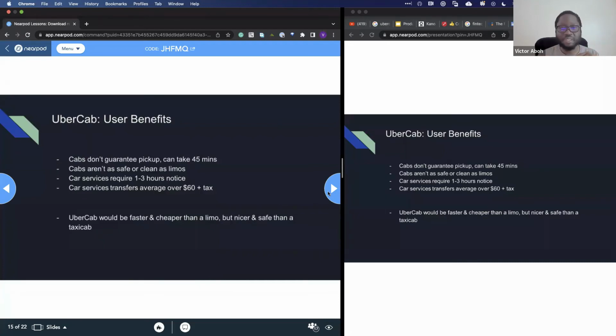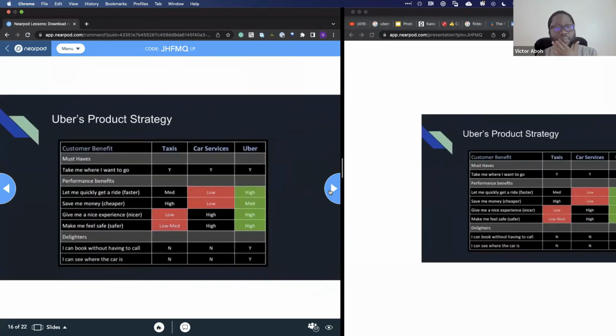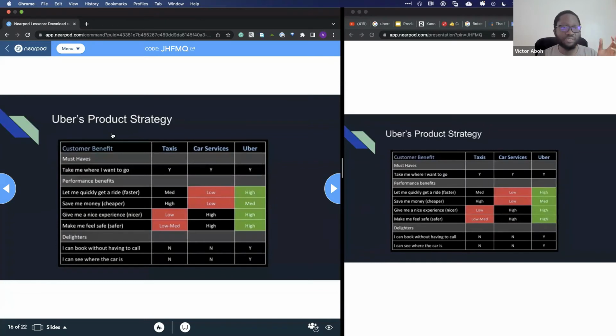So if we take a look at the product strategy grid, their competition were taxis, car services, limo car services. The must-have is that it will get you to your destination. If you don't get me to my destination, then you haven't done your job as a taxi or car service, right?